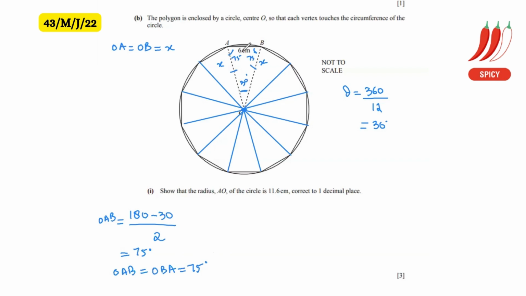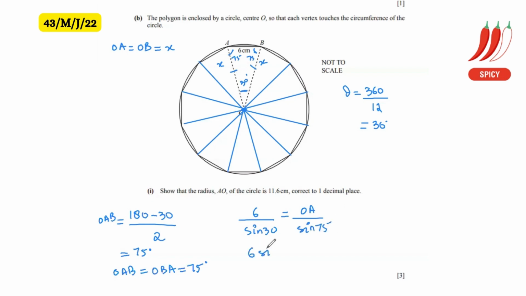We have one length. If you remember the conditions for sine rule, we need one complete set of angle and length, which we already have. We have angle 30 and its corresponding length, which is 6 centimeters. So using sine rule, we can easily find OA. So 6 over sine 30 is the same as OA over sine of 75.